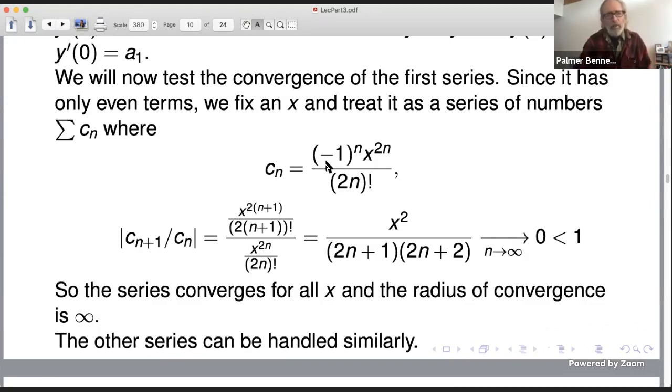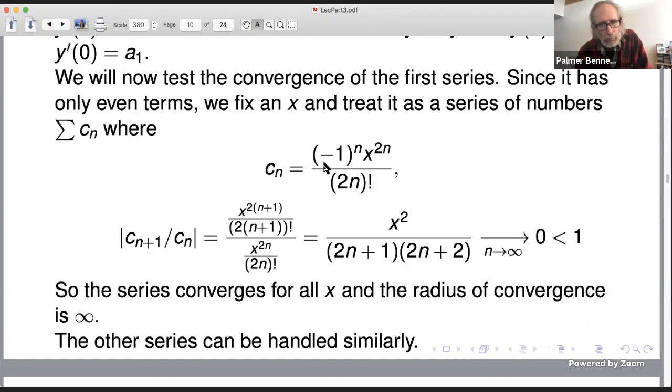Then you can use the ratio test for series of numbers. The ratio test says if you take this quotient, Cn plus 1 over Cn in absolute value, and then take the limit as n goes to infinity, the series will converge as long as the limit of this is less than 1.